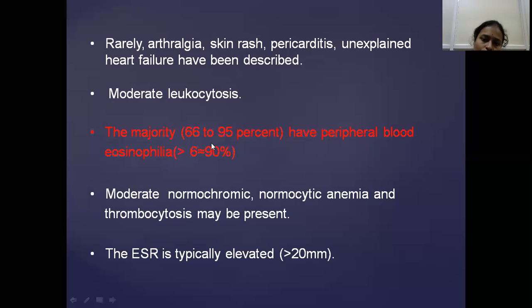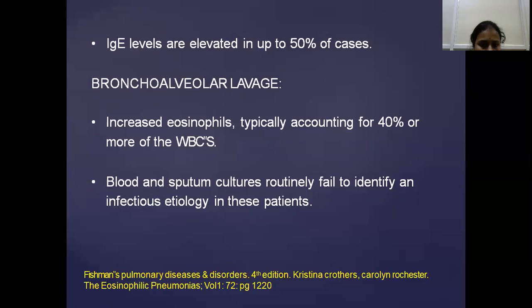In chronic eosinophilic pneumonia, there is a rise of peripheral blood eosinophilia, associated with anemia, thrombocytosis, and elevated ESR, and there is a rise of BAL eosinophil counts also. Peripheral as well as BAL eosinophil counts are raised in chronic eosinophilic pneumonia, up to 40%. IgE levels are also elevated in 50% of the cases. Blood and sputum cultures routinely fail to identify an underlying infectious etiology.